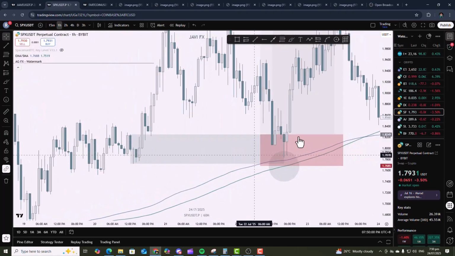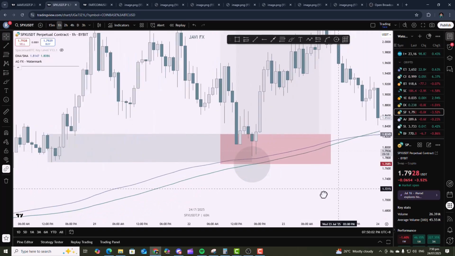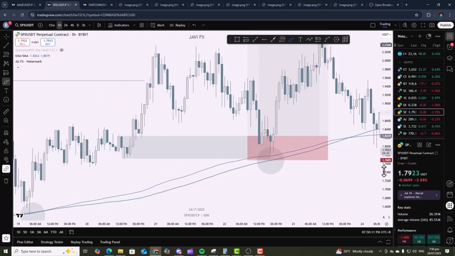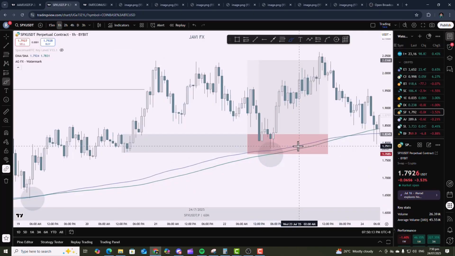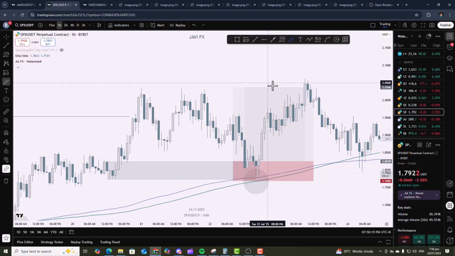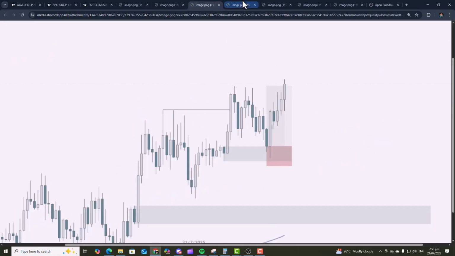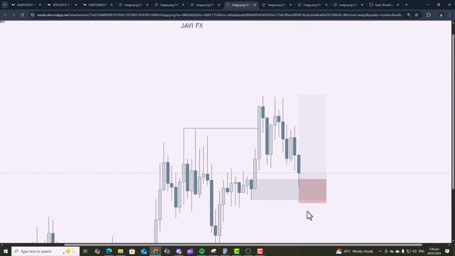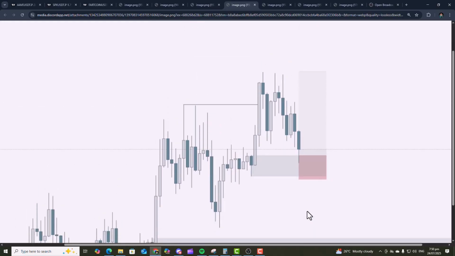Now, this is the 4-hour demand zone, mind you, and there is a moving average right below. So that's where our stops would be, right? Below the moving average, and it barely touches it, sweeps it a bit, and we get our take profit. See how very, very easy. Now, once again, I showed this in the Discord before it actually happened, right?